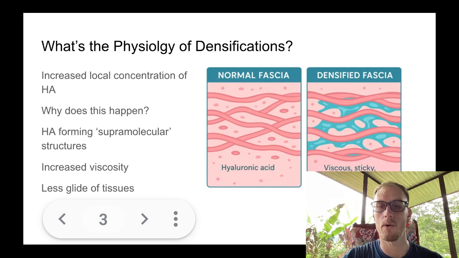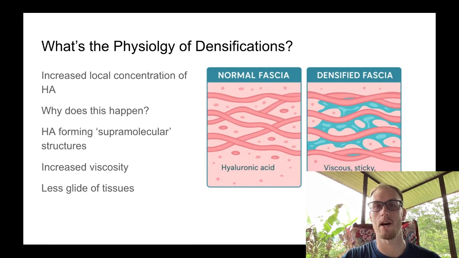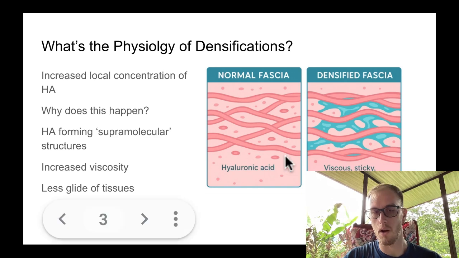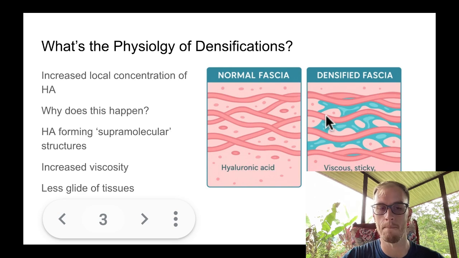But I'm going to suggest to you that we don't think of densifications as dehydrated tissue, and I'll explain to you why. But in the same vein, this image has done something quite well in showing this pooling of liquid being, we can assume, water within the fascial tissues. And that's important.